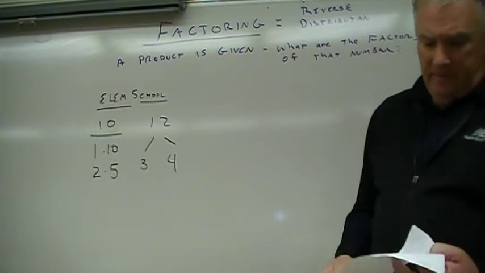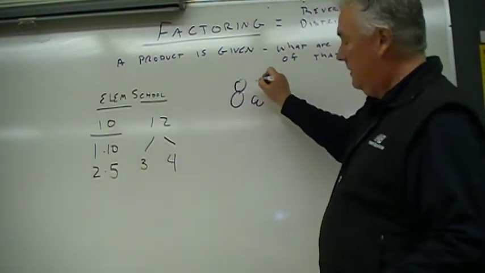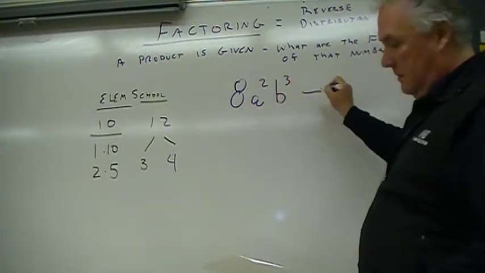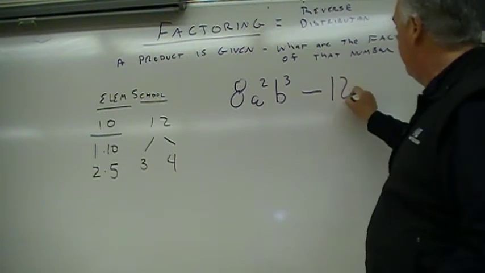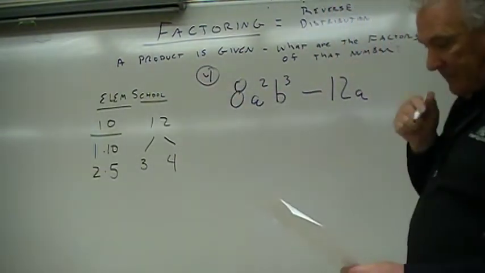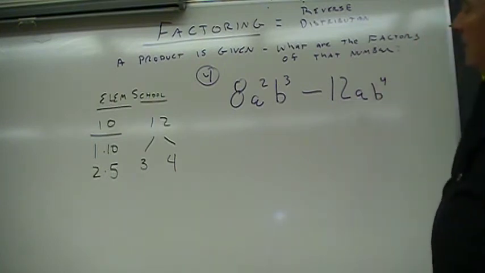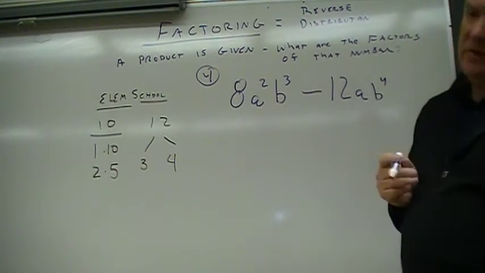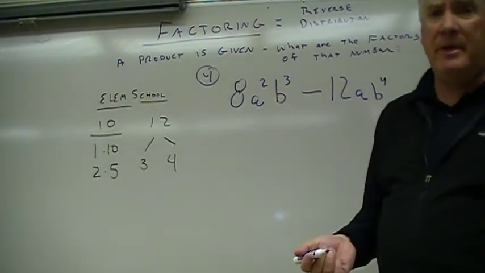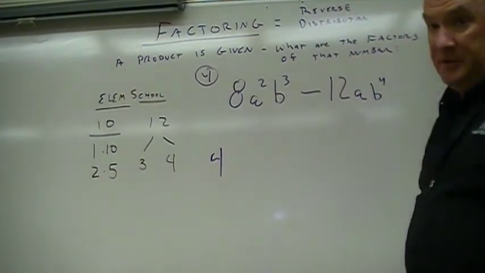Last one we're going to do is number 4. 8a squared b cubed minus 12ab to the 4th. Alright, what goes into both 8 and 12? And hopefully you're knowing your numbers, and this is why we did the 30 game, so we can recognize that 4 goes into both.